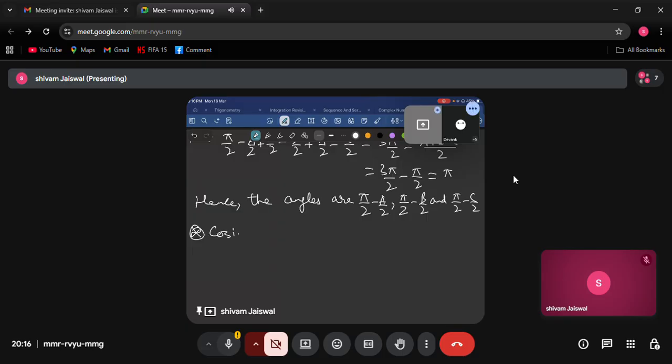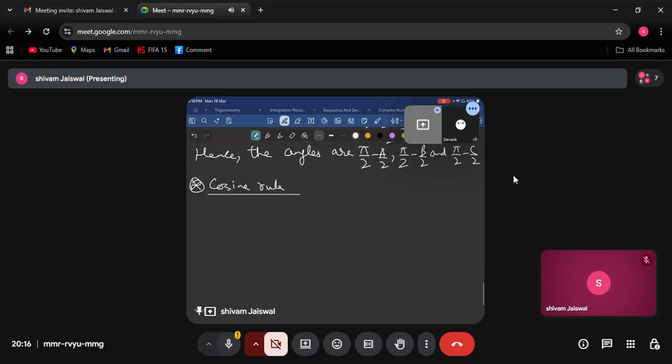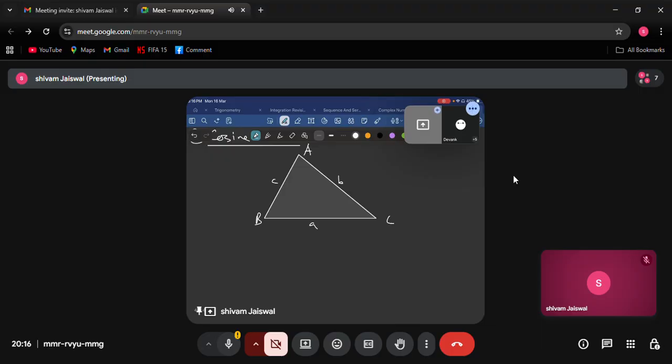Cosine rule. So you people remember cosine rule? Tell me. You have used cosine rule in complex numbers also. Triangle ABC. So what is cos of angle A? Somebody tell me. Raise your hand.